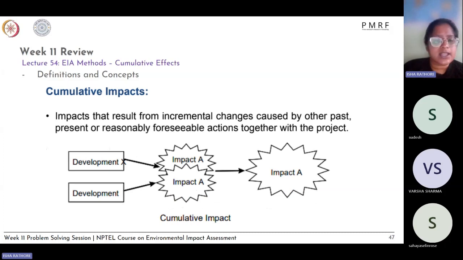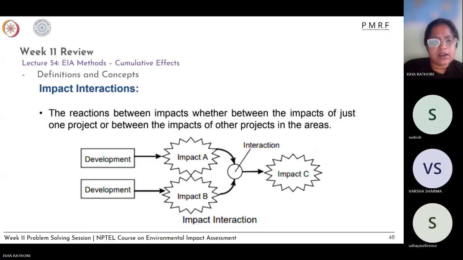Then cumulative impacts, as we have seen, are incremental changes caused by other past, present, or reasonably foreseeable actions together with the project. So two impacts which can be clubbed together so that they are felt either higher in magnitude, like additive impacts, or as two different kinds of impacts, like synergistic effects. Okay. Then we looked at impact interaction.